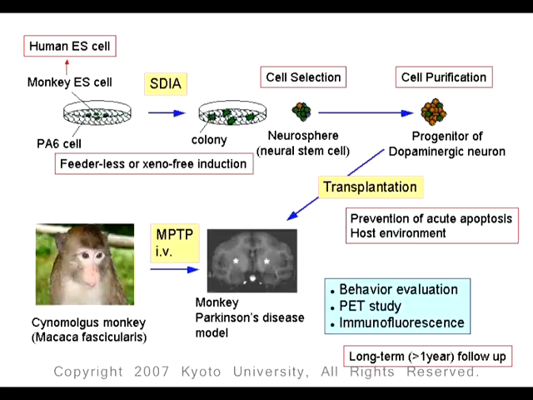So we have to select or purify neuronal cells or dopaminergic neuron progenitors. And at transplantation, we have to prevent acute apoptosis by using a drug or a sophisticated injection method. Or we have to think about the host environment.